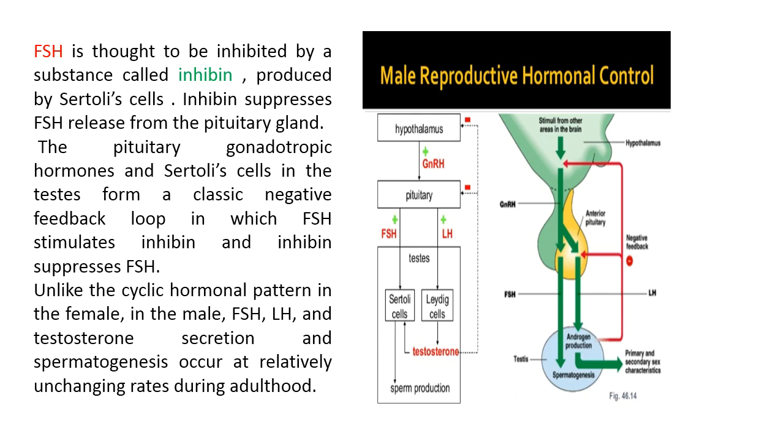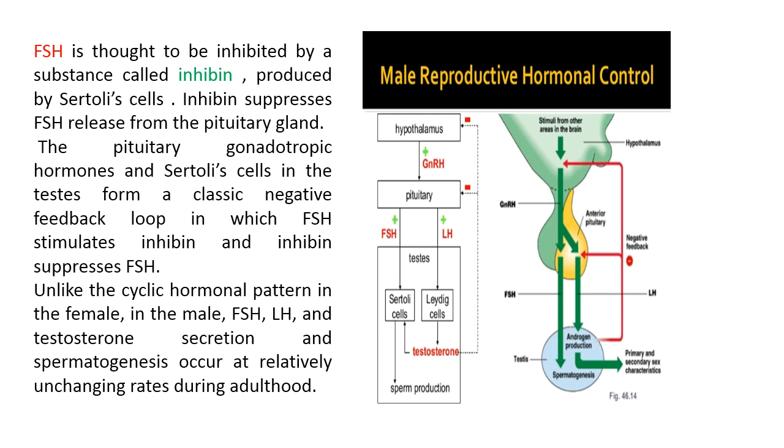Unlike the cyclic hormonal pattern in the female, in the male FSH, LH, and testosterone secretion and spermatogenesis occur at relatively unchanging rates during adulthood. If you get the note, the cyclical hormonal changes that occur in female during the menstrual cycle will not occur in the male body.